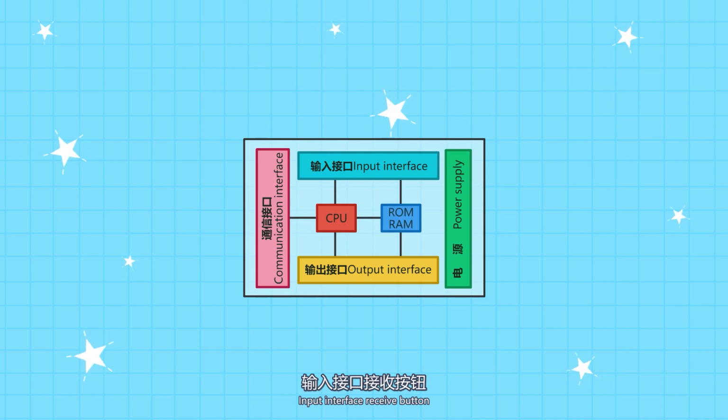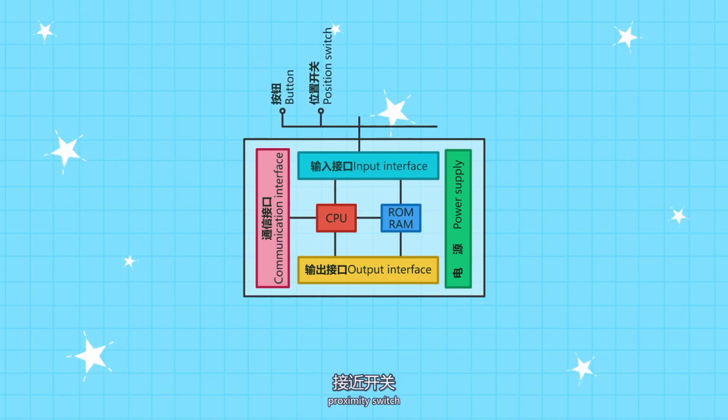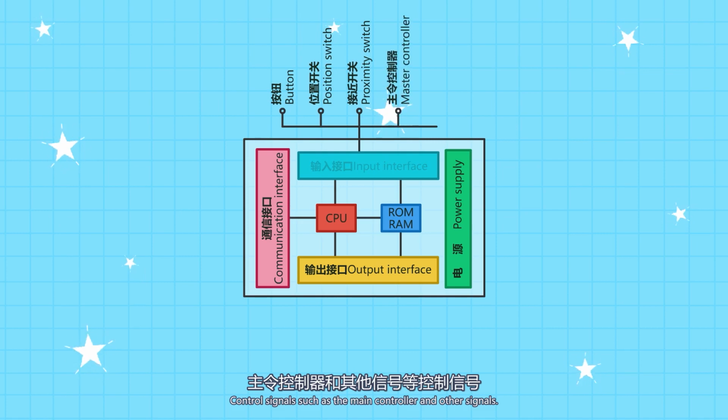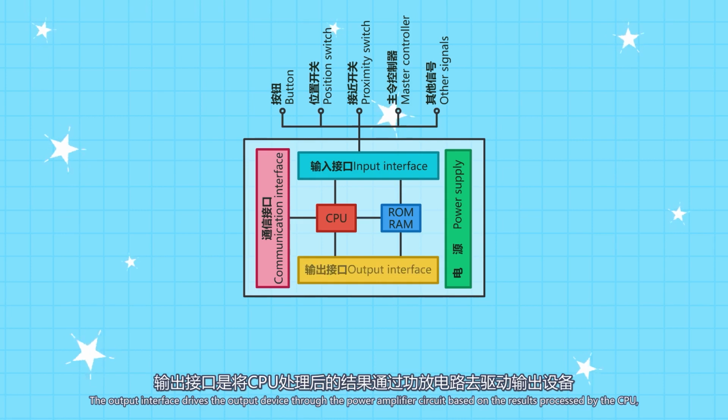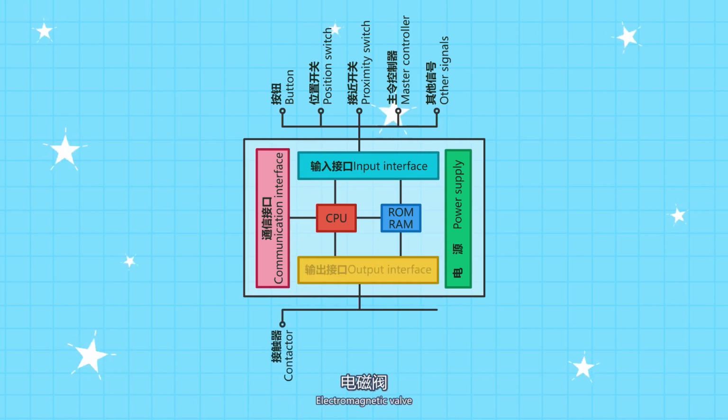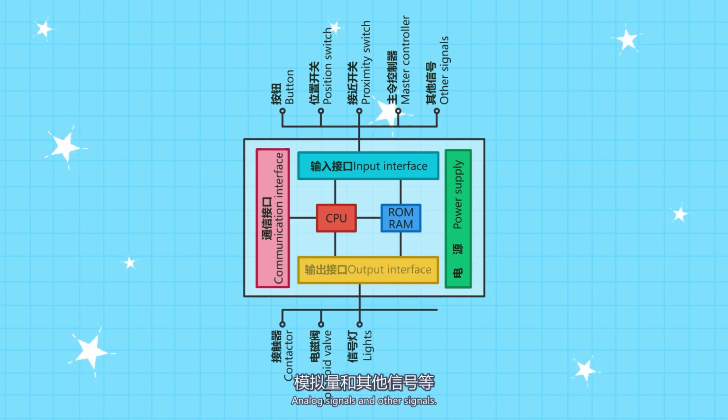The input interface receives control signals such as push buttons, position switches, proximity switches, master command controllers, and other signals. Output interface is the result of CPU processing through the amplifier circuit to drive output devices, such as contactors, solenoid valves, signal lamps, analog, and other signals.